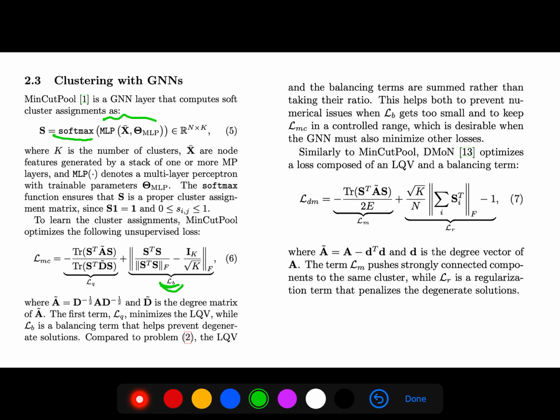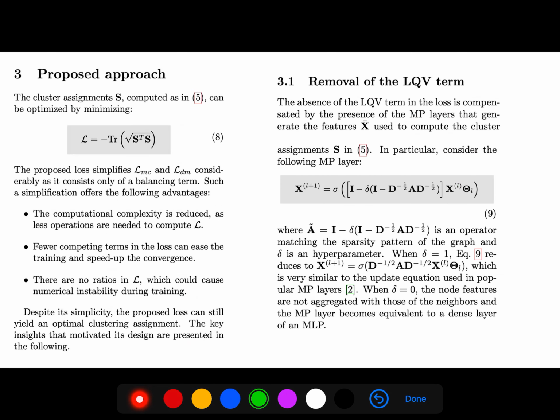Similarly to MinCut pool, DMoN optimizes a loss composed of local quadratic variation and a balancing term. The term L sub M pushes strongly connected components to the same cluster, while L sub R is a regularization term that penalizes the degenerate solutions. So the cluster assignments S can be optimized by minimizing this.